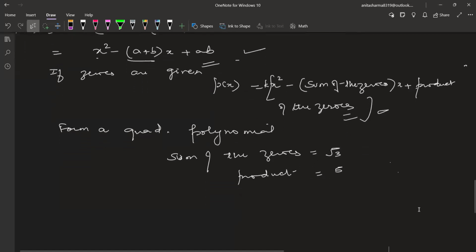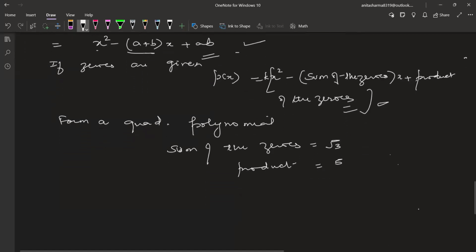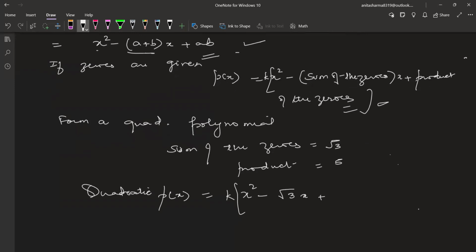Ma'am, x square minus root 3 x plus 5. Yes, very good. It should be k times, so the quadratic polynomial will be k times x square minus root 3 x plus 5, right? And when k is equal to 1, then it will be x square minus root 3 x plus 5.